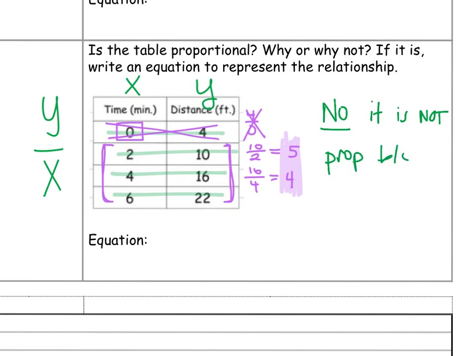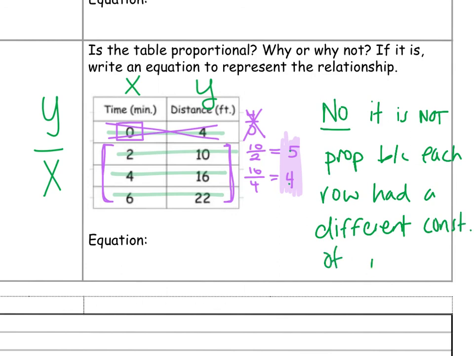It's not proportional because each row had a different constant of proportionality. Please make sure you're using that vocabulary word in your explanations. And then because it's not proportional, when it comes to the equation, we cannot write an equation for this table yet. Eventually we'll learn that, but not in 7th grade. So we don't have to write the equation, we just have to explain why it is not proportional.